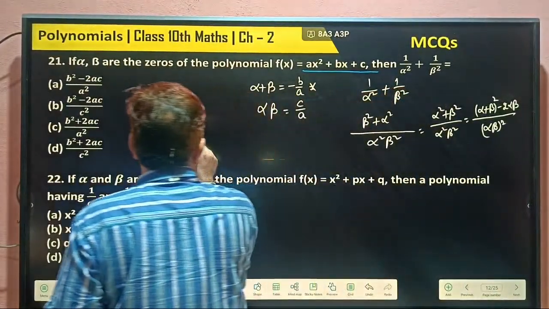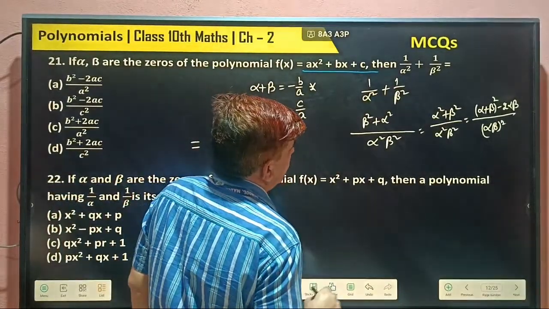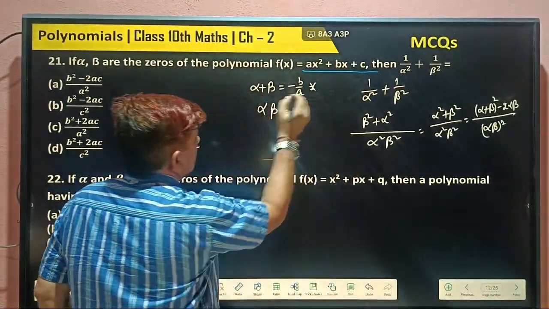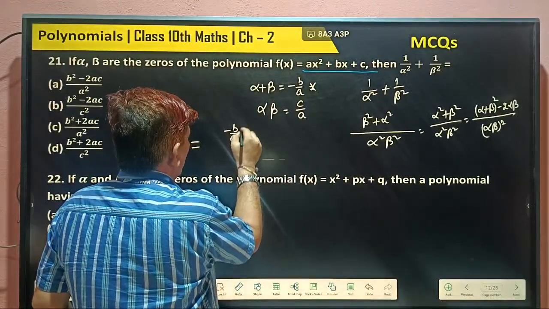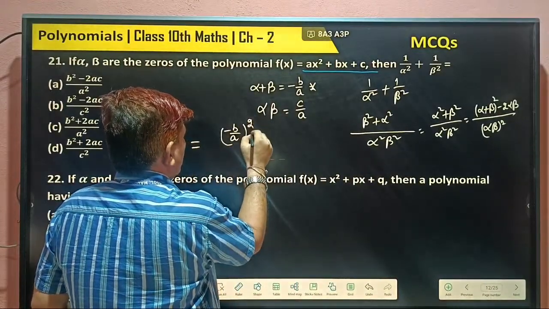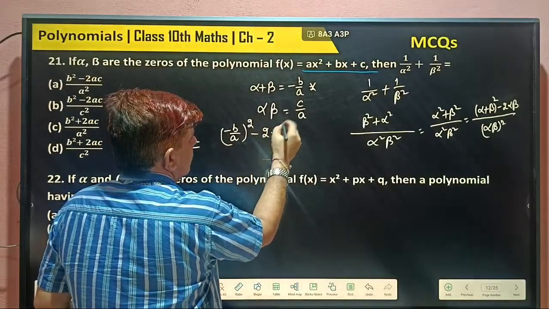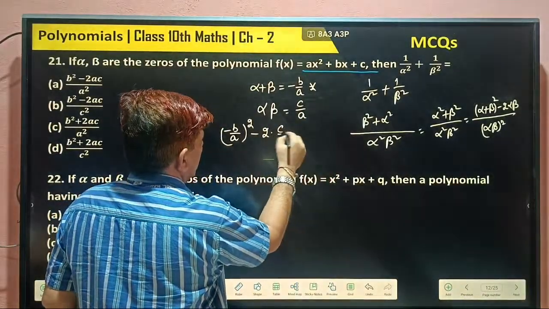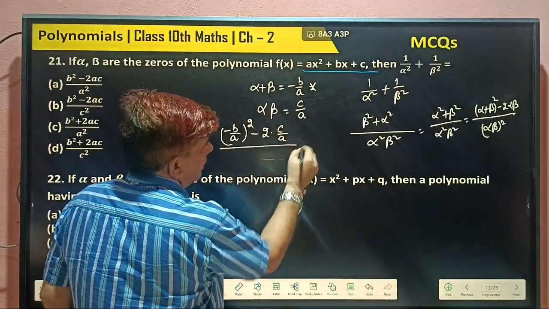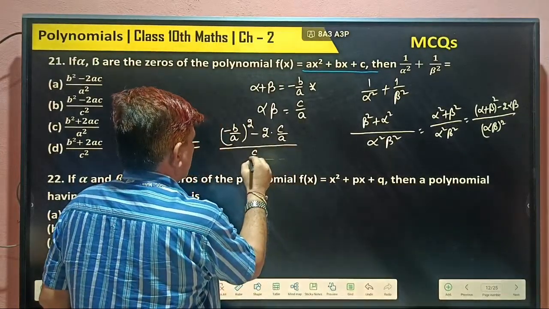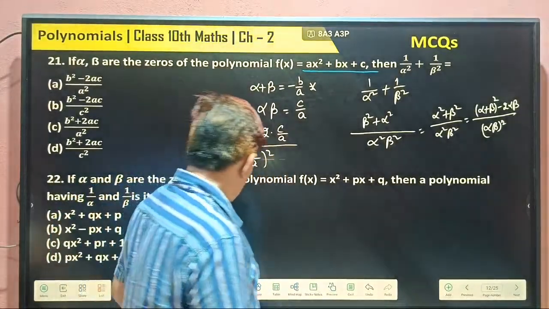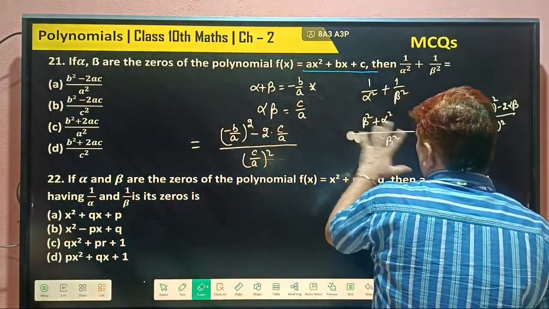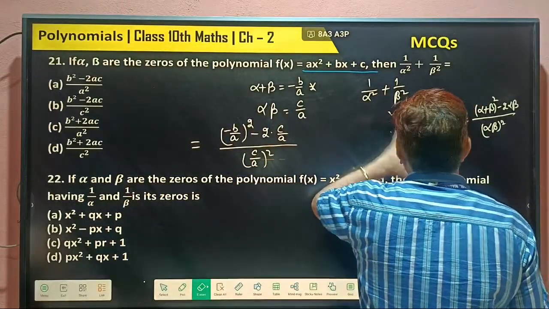So how can we solve this? Alpha plus beta is minus b by a whole square minus 2 alpha beta, c by a, divided by alpha beta, c by a whole square. Got this or not? I think all of you got this.